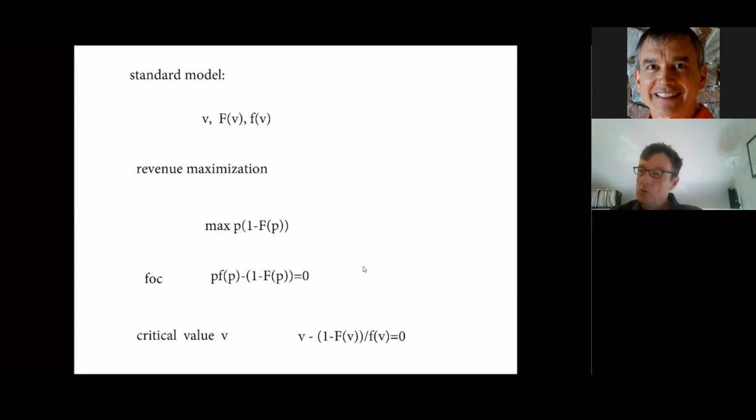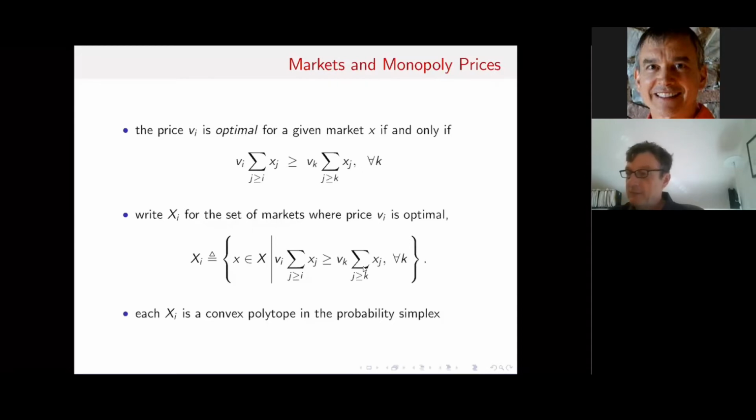Today, we're going to use much more geometry rather than calculus as a main tool of our analysis. And so it will be useful, rather than to have a continuous and differentiable probability function, to simply have a finite probability function. And therefore, optimality is not going to be described by first order conditions, but simply by inequalities of the form that we have seen above, in the first version.